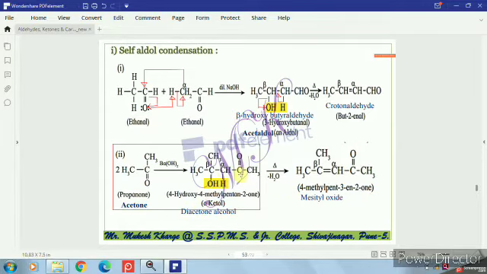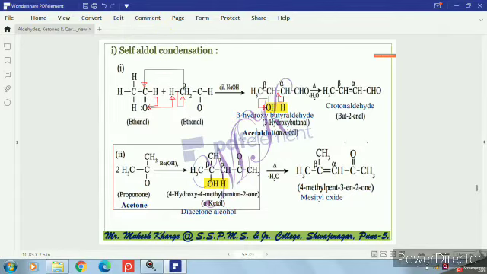Here we get a ketol, a ketonic functional group and OL, so ketol. Earlier we got aldol. In both these examples, we take the same molecule of aldehyde or ketone, so that is why it is called self-aldol condensation.